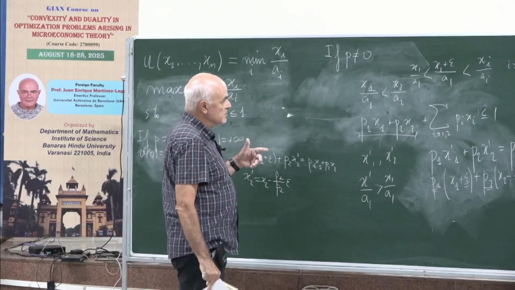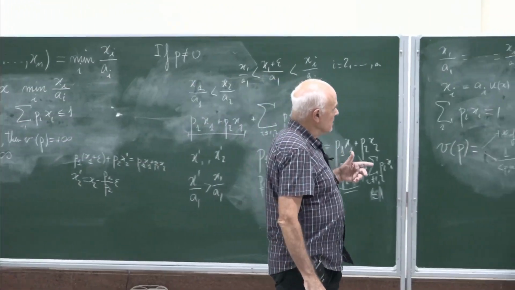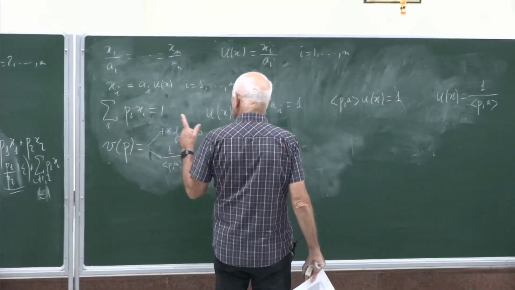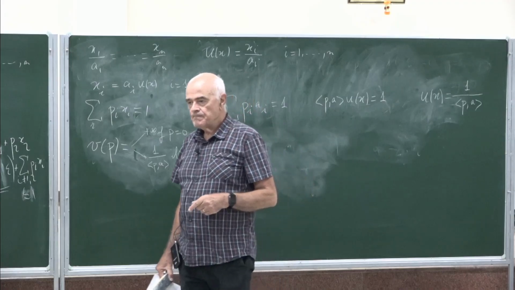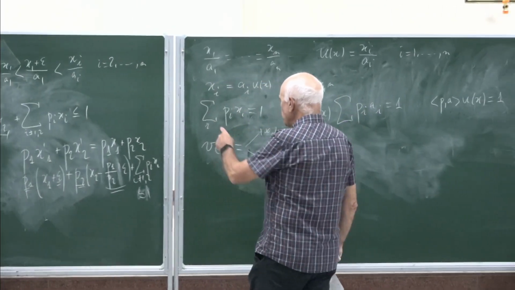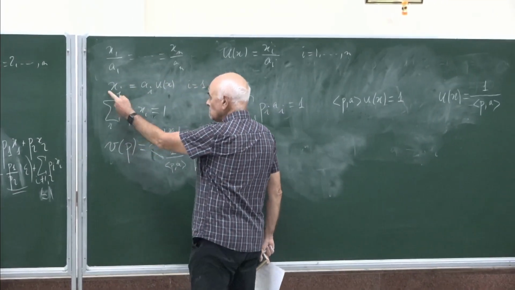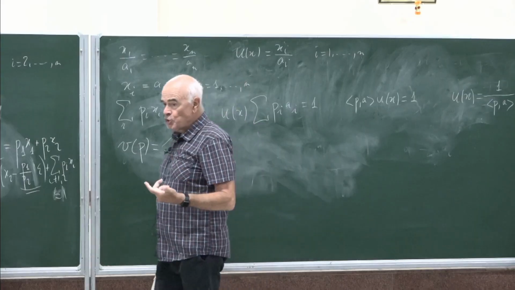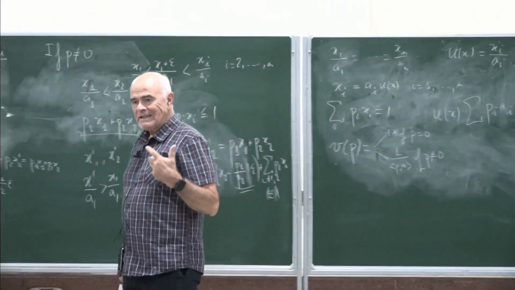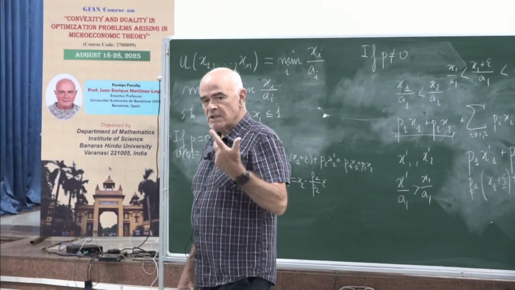This is what this condition is saying. So the optimal input or the optimal good is proportional to the proportion of that good that enters into your recipe.